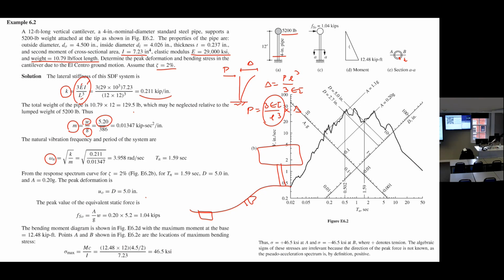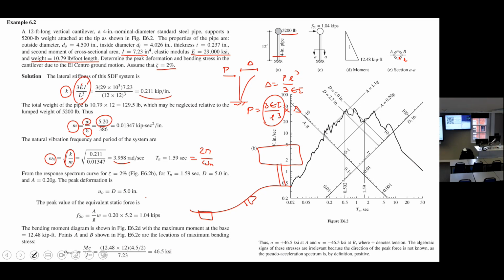So I use this formula with K and M to calculate omega n, and Tn is 2 pi over omega n. If you have omega n, you can simply calculate Tn. Omega n is in terms of radians per second.